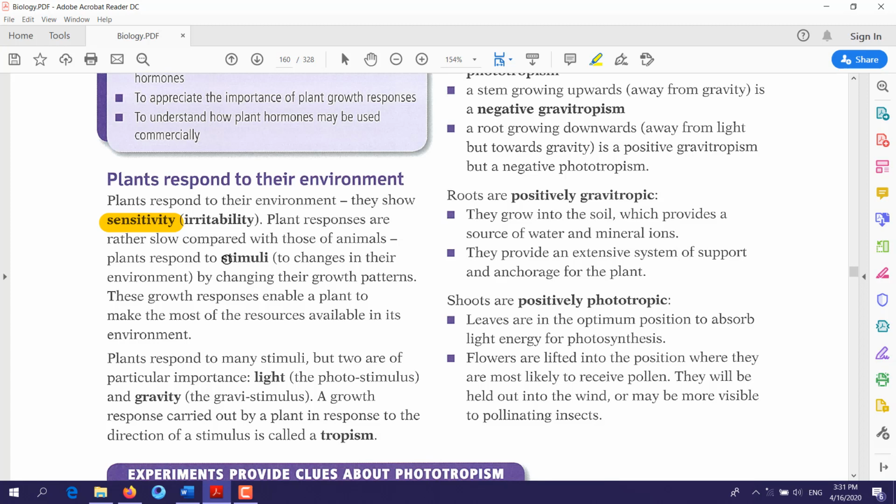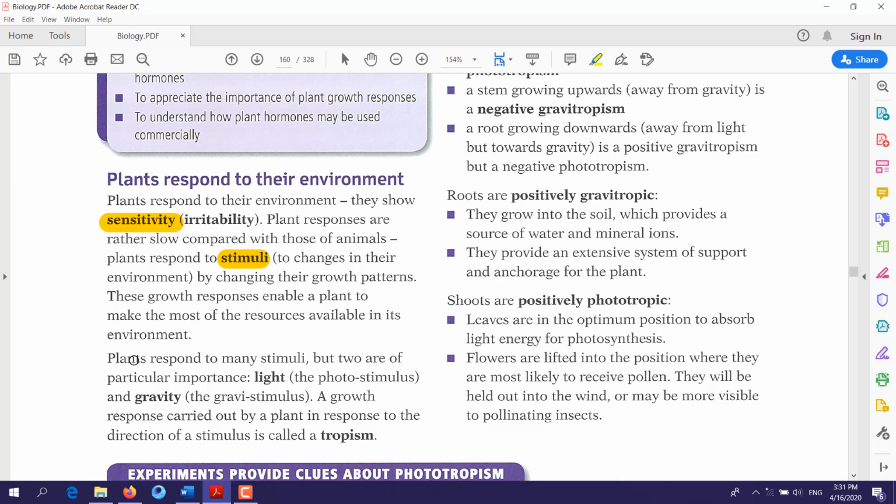A stimulus, we said what we mean by stimulus: it's a change in the environment. It's any change in the environment that makes the organism, or the living thing, respond to it in a specific way.